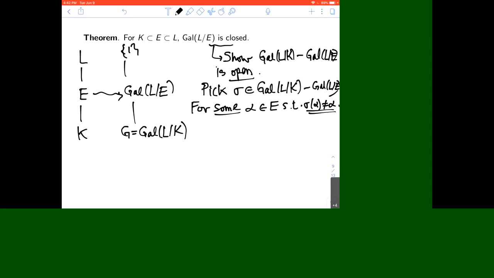Well, what we're going to do now is build a basic open set around sigma that doesn't meet the Galois group of L over E. And we're going to use alpha to do it.